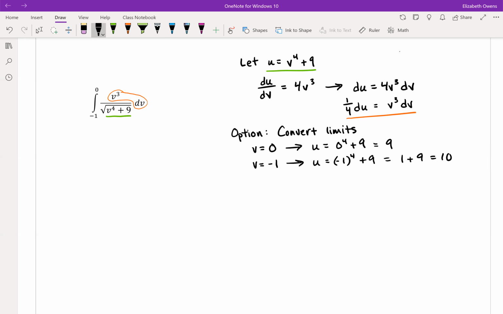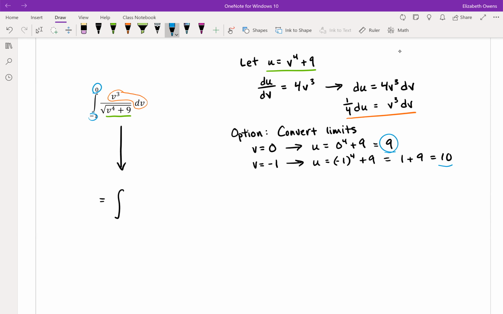So we need to put these things in the right places and convert this entire integral over into terms of our new variable u. Let's start with our limits here. Make sure you remember to keep your lower and your upper limits of integration in the same spots.